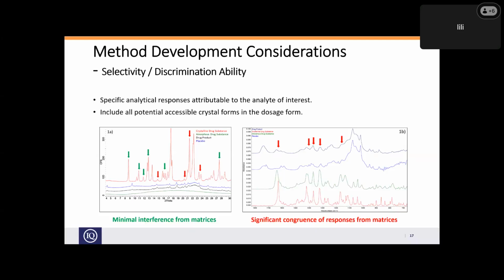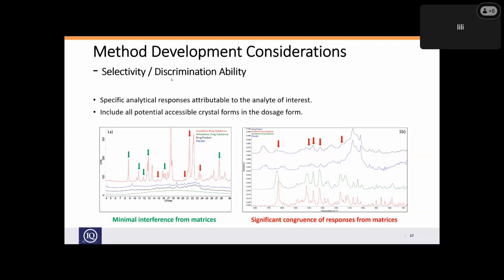So with all these challenges in mind, we can look at some of the method development considerations. Similar to many analytical technique method development, the first thing we check is selectivity, or the ability to discriminate the analyte from the matrix.